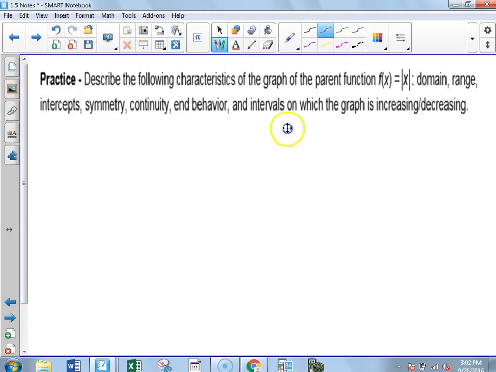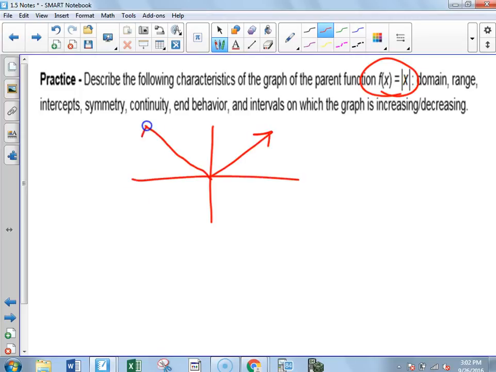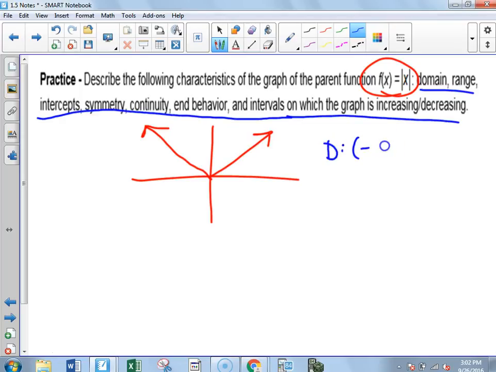All right, really fast. It says, what's the function absolute value of x? Looks like this. So what can you tell me about these things from last week? Domain, range, intercept, symmetry, continuity, end behavior, increasing, decreasing. Vesma, tell me something. Okay.